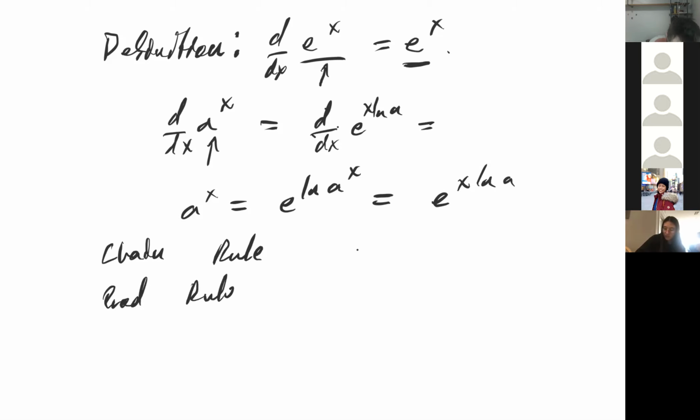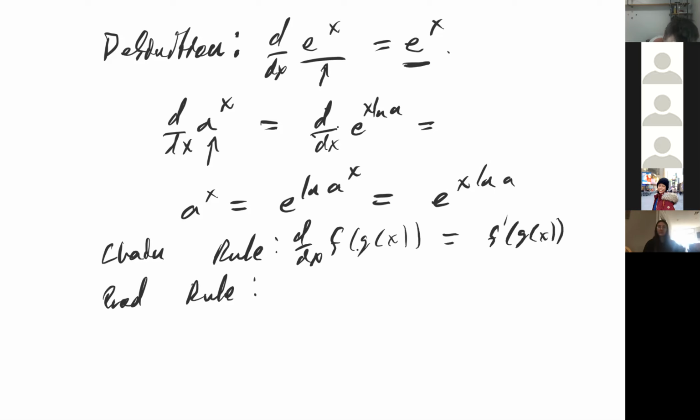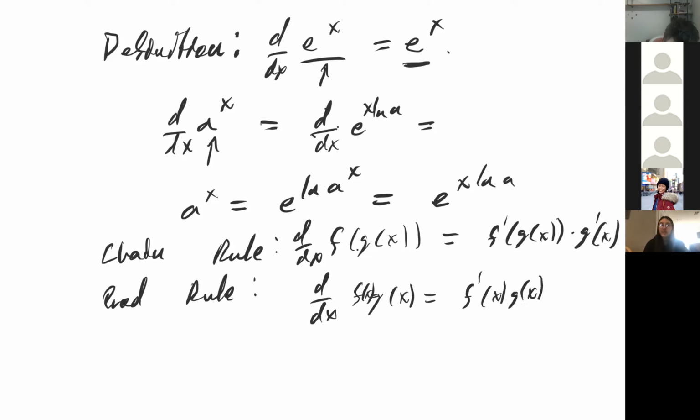The chain rule says that if you have a function f of g of x and we take its derivative, we end up with f prime of g of x times g prime of x. And the product rule says that if we have d/dx of fg, where these are f of x and g of x, we get f prime of x times g of x plus f of x times g prime of x.